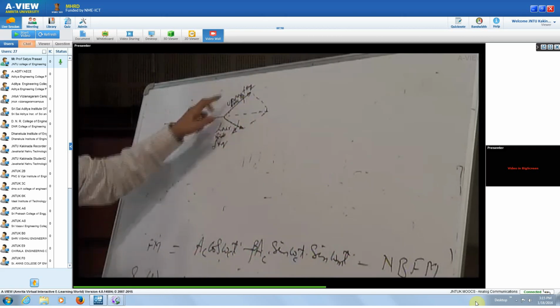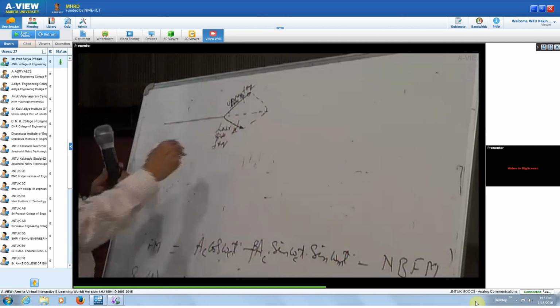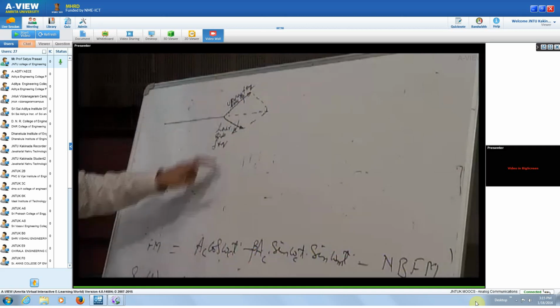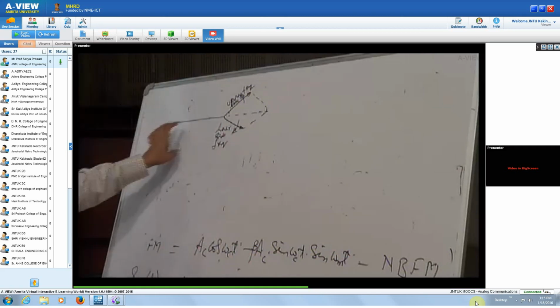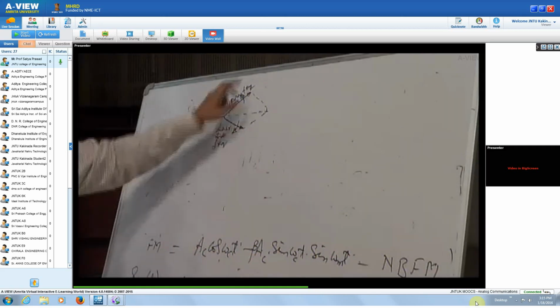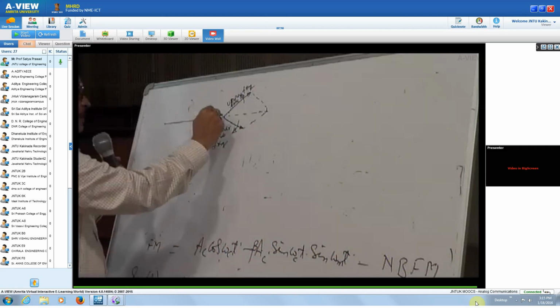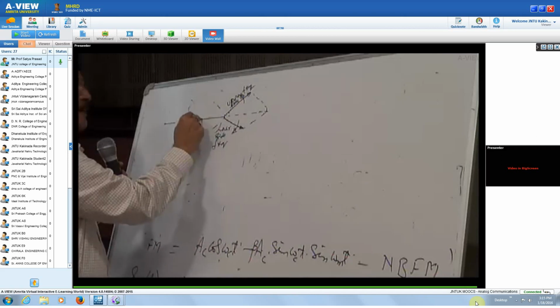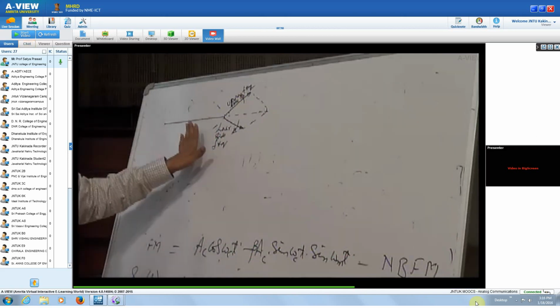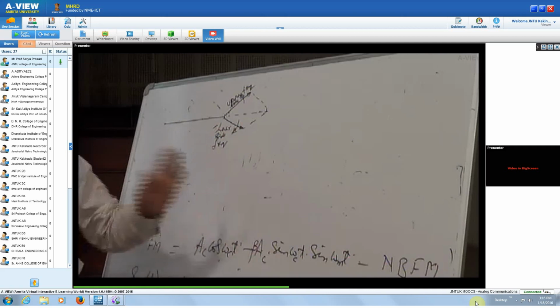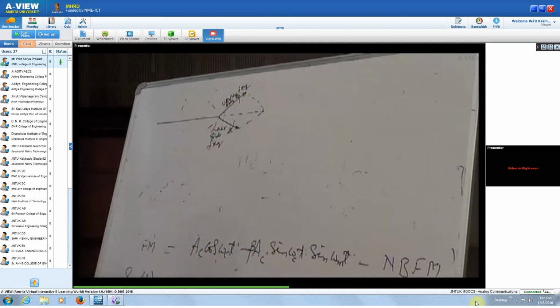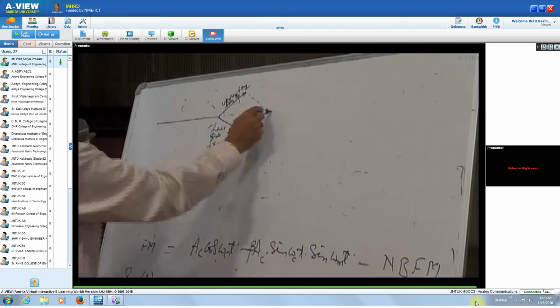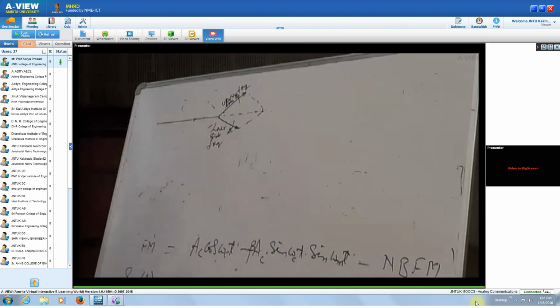When this goes like this and like this, we are having only Ac cos omega c t, because these two are going to cancel out. Side like this, the amplitude will be decreasing, right? Ac into 1 plus m and Ac into 1 minus m. So this will be 1 plus m and this will be 1 minus m.